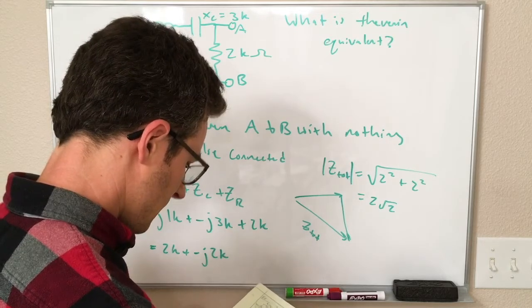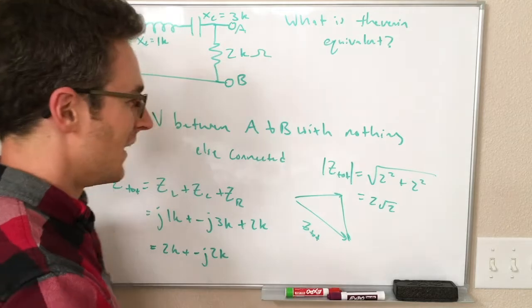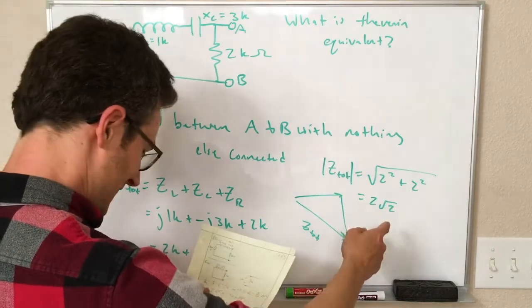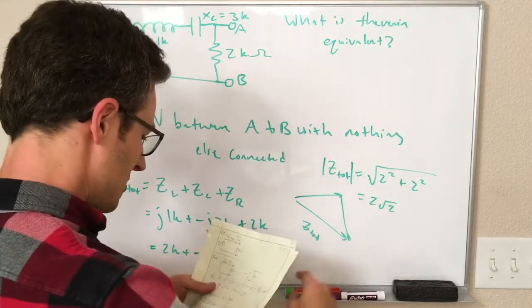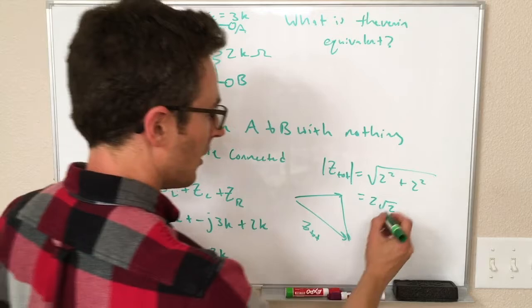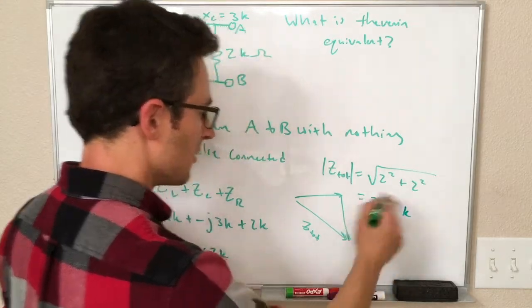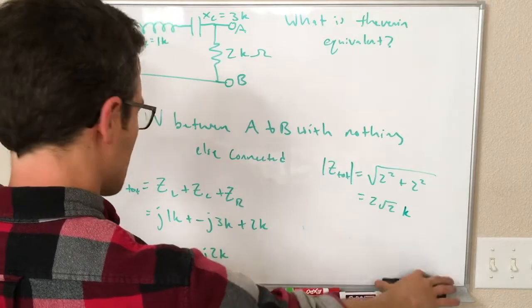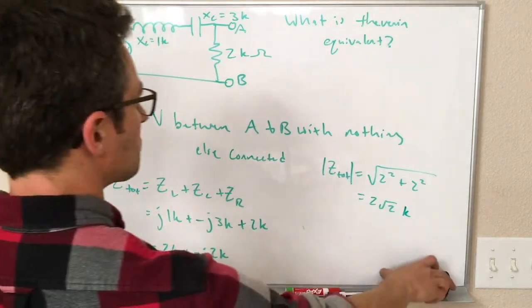Oh, I see. Okay, my notes are doing better than me. We'll leave it as 2 times root 2, and that'll be just fine. And this is, of course, kiloohms. So hold on to 2 root 2K. We'll use that.